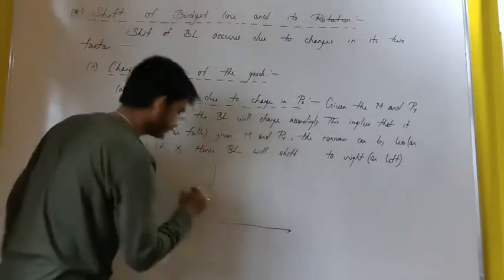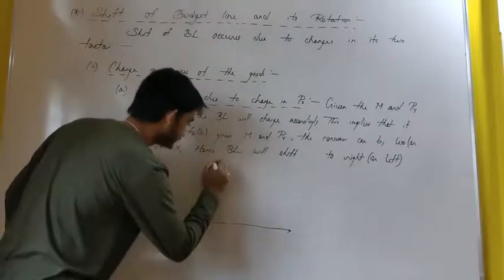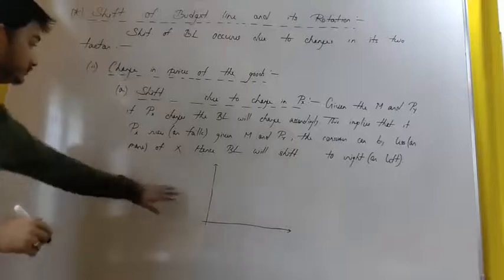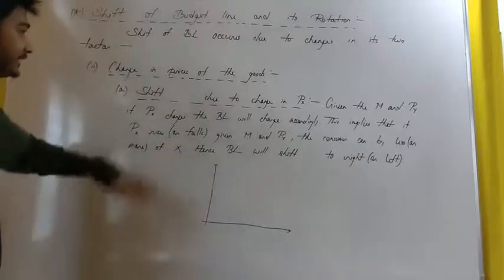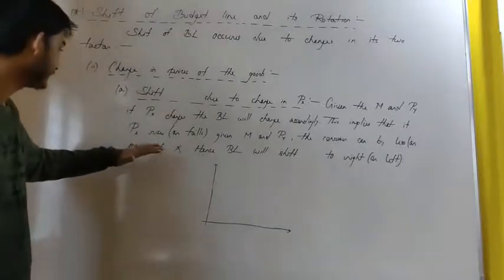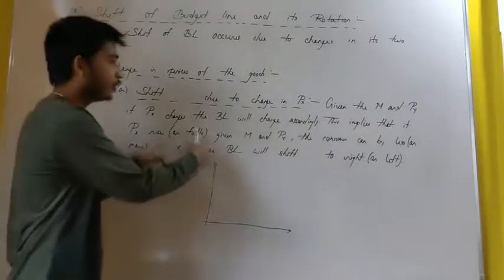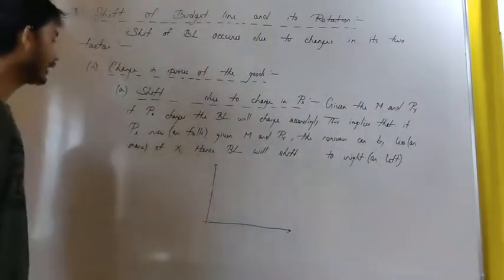Same way, just first make two axes. Well, before drawing this diagram, let me tell you that here within the bracket I have written "or falls" or "more" or "left". So let me tell you how to read this.